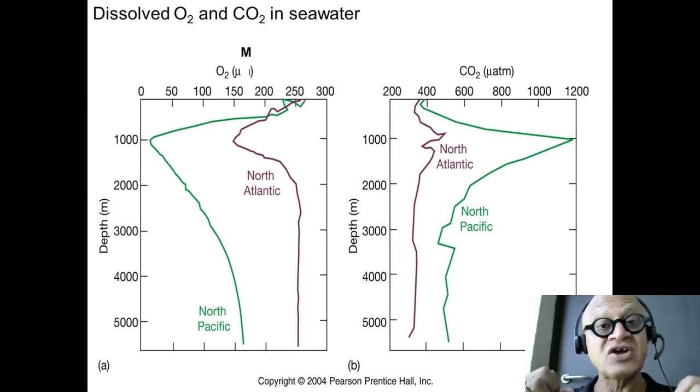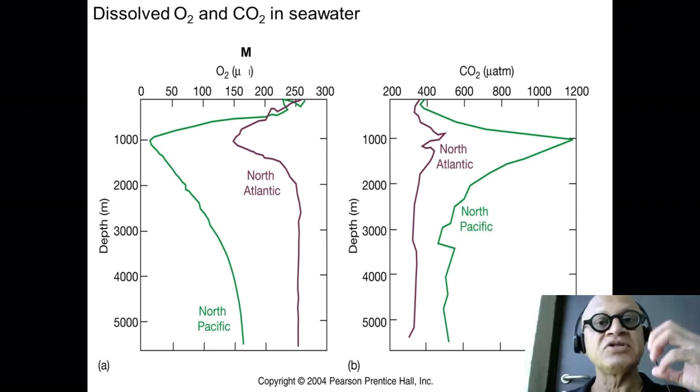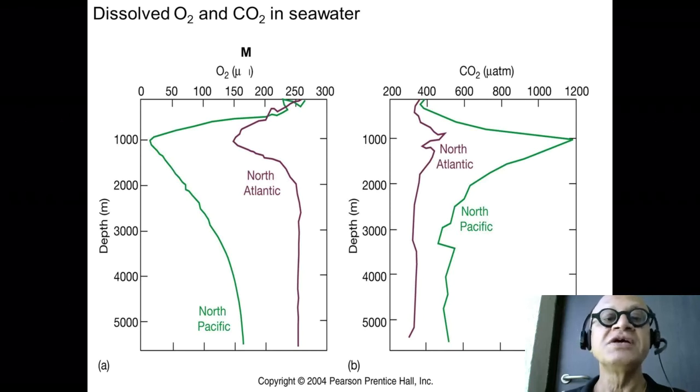We're consuming oxygen. The same thing is happening in the oceans. All the organic matter that's being produced by photosynthesis or the dead animals that are falling down are all being respired. They're consumed below the surface, and that maximizes oxygen consumption and minimizes the oxygen concentration at 1 kilometer.